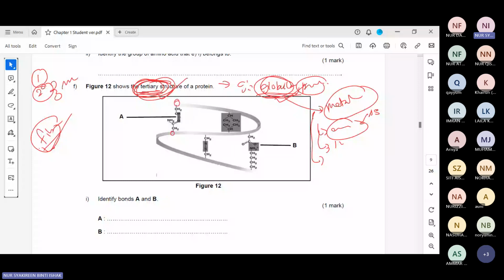The grey part here is actually the backbone of the polypeptide. What does backbone mean? It is the repeating unit of nitrogen, carbon, carbon, nitrogen, carbon, carbon, nitrogen, carbon, carbon, all the way through. So here we have, for example, one amino acid.